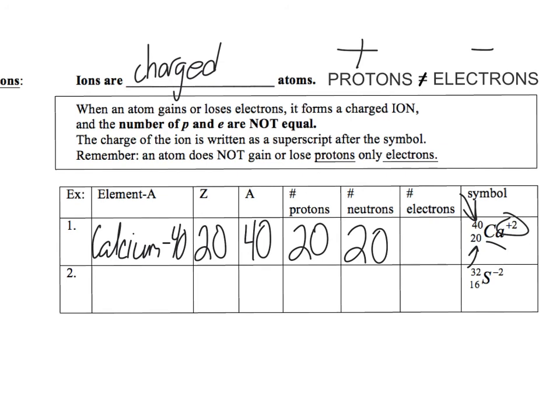I have 20 protons. I have 20 positives. But since I have an overall +2, I need to have 2 more positives than negatives. Well, since I have 20 positives, that tells me I should have 18 negatives, 18 electrons. I have 2 more positives than negatives, so I end up with an overall +2.